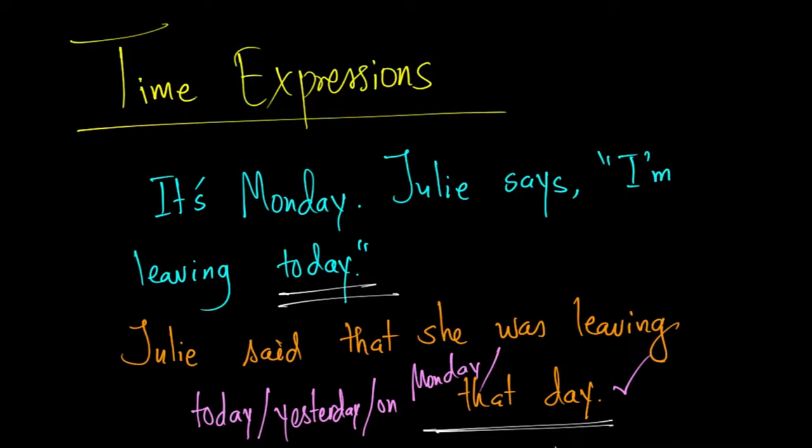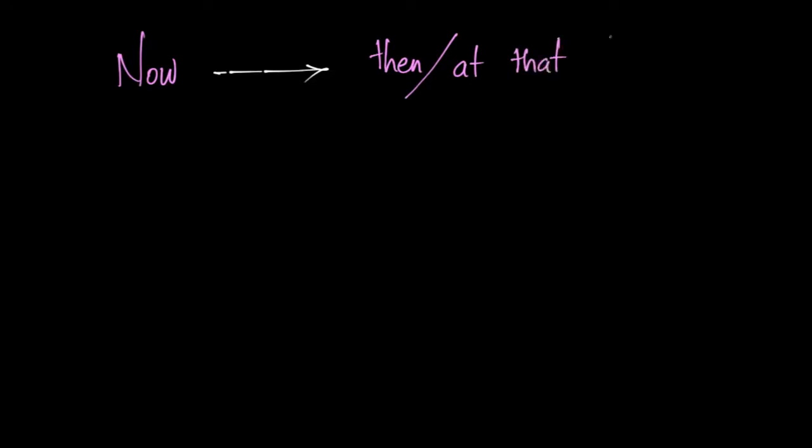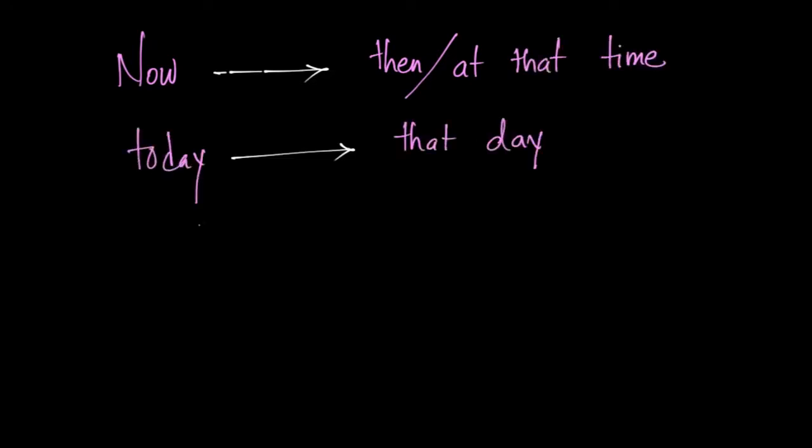Now let me just write how changes are done. Now it changed into what? Now it changed into then, sometimes at that time. Today changed into that day, but there's no fixed rule to that.